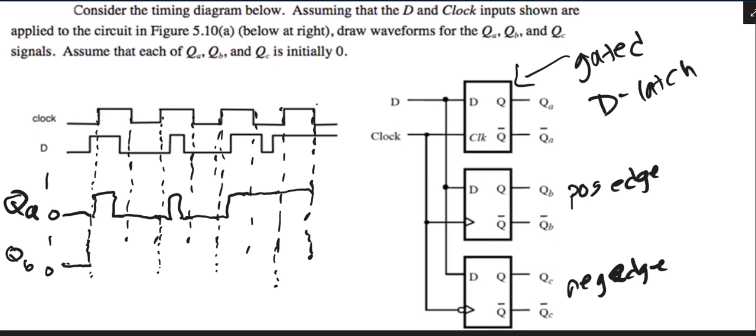So it becomes 1, and it stays 1 all the way until the next positive edge. Then it looks to see what D is. D is 0, so it becomes 0 and stays that until the next positive edge. At this positive edge it's 0, so it'll stay that way. And at this last positive edge it's 1, so it'll go back to 1.